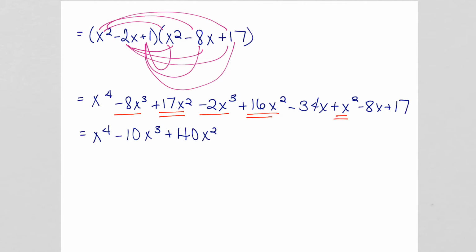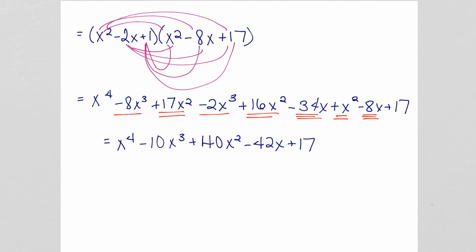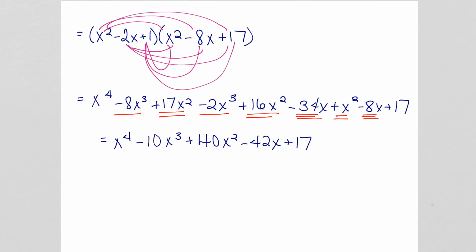And last, combine our x's. So negative 34x minus 8x is negative 42x, 17 on the end. So this is our function, which would produce the zeros 1, 4 plus i, and 4 minus i.